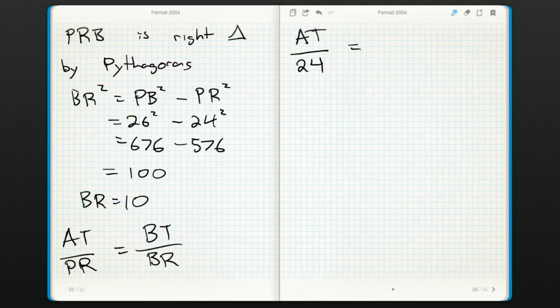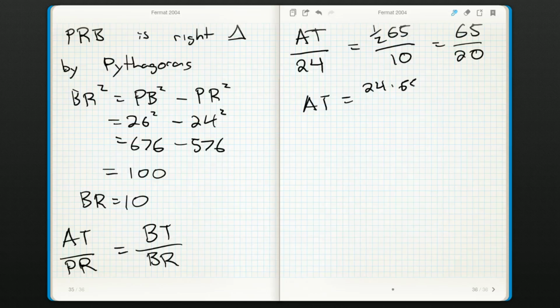So 24, and then we have 1/2 65 over 10, which is 65 over 20. So AT is going to be 24 times 65 over 20. Let's see, I can get a factor of 4 out from there and a factor of 5 out from there. That eliminates the 20. 6 times 13 is 18 plus 60, so 78. So AT is 78.